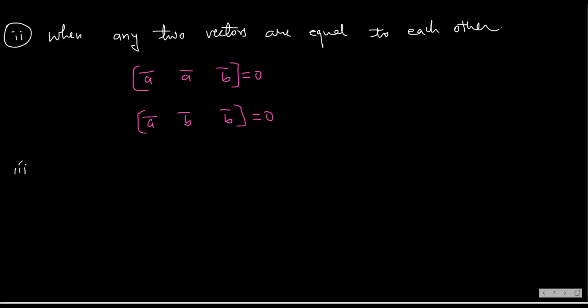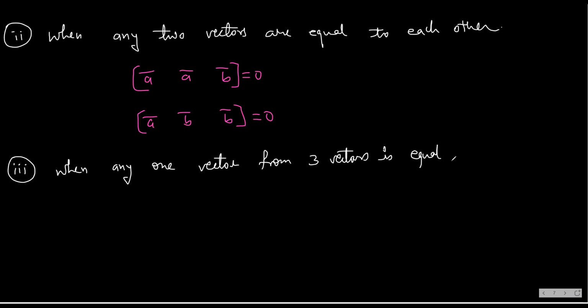The third case is, students, remember, when any one vector from the three vectors is equal to 0.